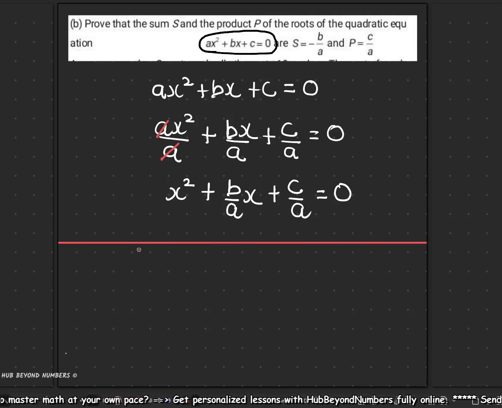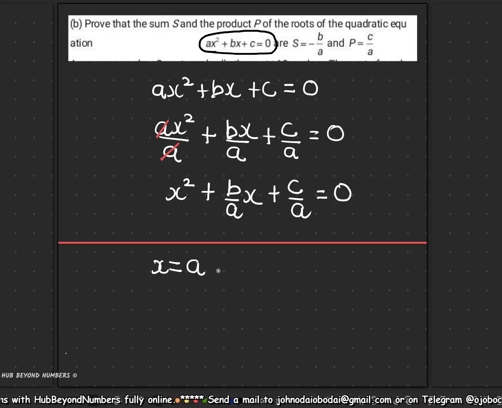Now, when we say the root of an equation, it simply has to do with the solution you will get after solving the equation. And since this is a quadratic, it means you are going to get two values of x.